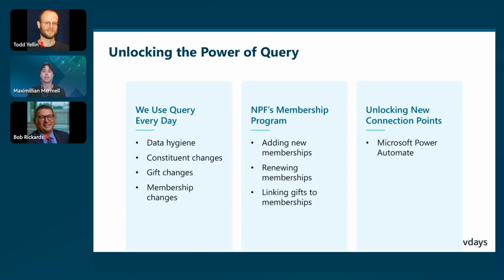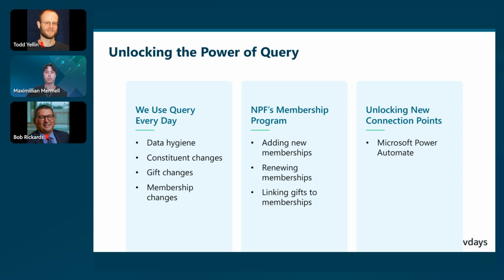So I want to start by saying that I use Query and Database View a lot, of course, like I'm sure all of you do. It's where I do my problem solving, data hygiene, update constituents, gifts, memberships. And in fact, all of our membership processes rely on queries. We use queries for each membership level to run global ads a couple times a week.